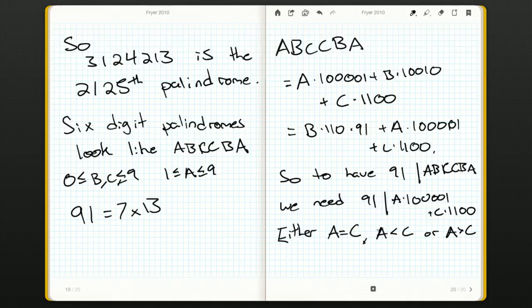So if A is equal to C, then we get A times 101101. We get a multiple of 91.